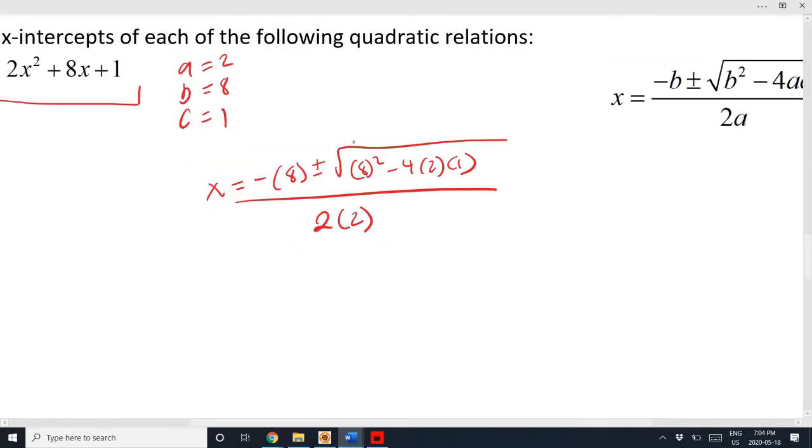The first thing that we're going to do is follow BEDMAS, and we're actually going to do everything that's underneath the square root. So we have negative 8, and we could actually simplify this just to -8, plus or minus the square root of 8 squared, which is 64, minus 4 times 2, which is 8, times 1, which is still 8, all divided by 2 times 2, which is 4.